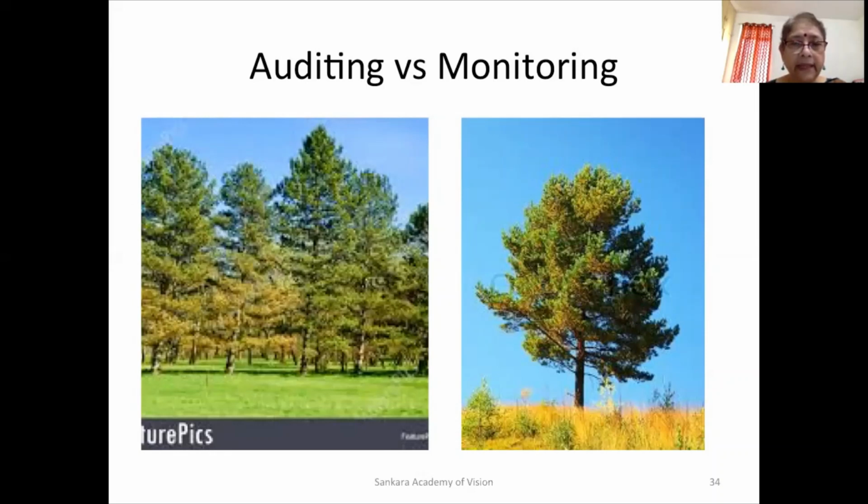Is it looking healthy? Are the surrounding areas clean? So in other words, it's the macro level management. It's a broad outlook of what is happening at that particular site. And the monitor does all the minute workup of that particular site's management of the research.